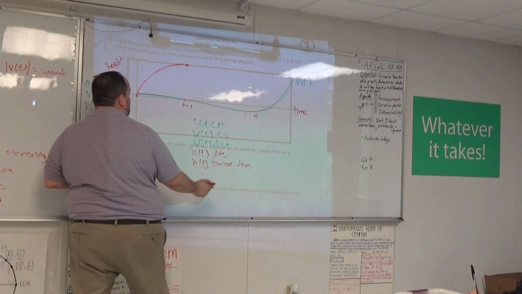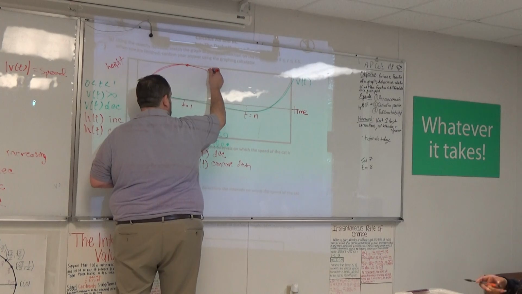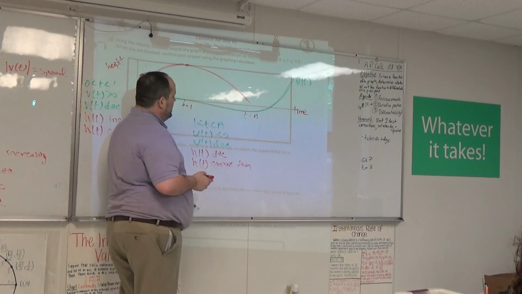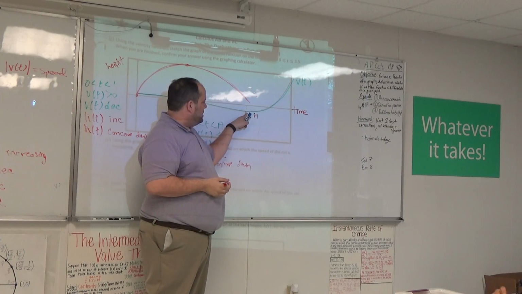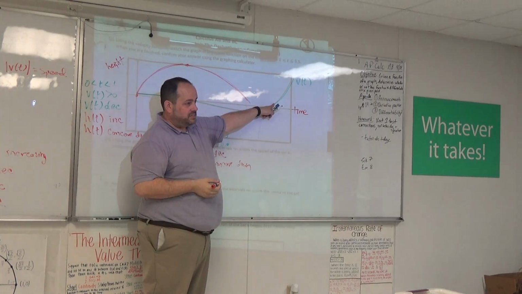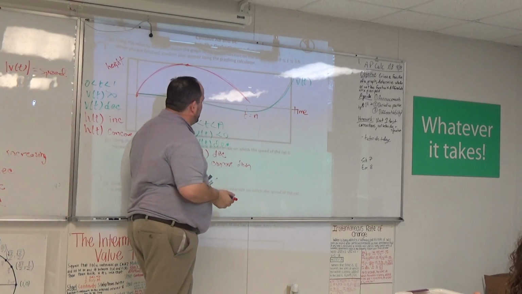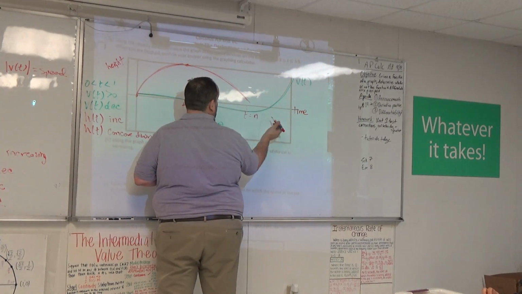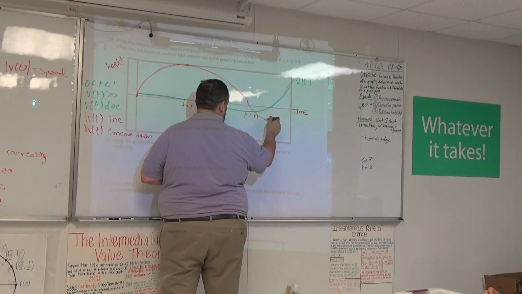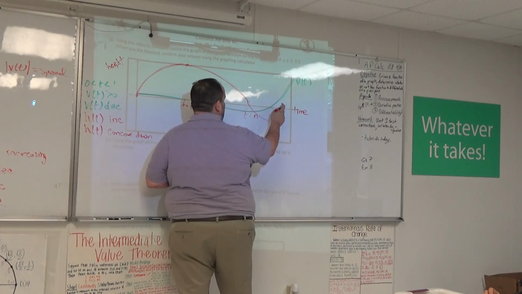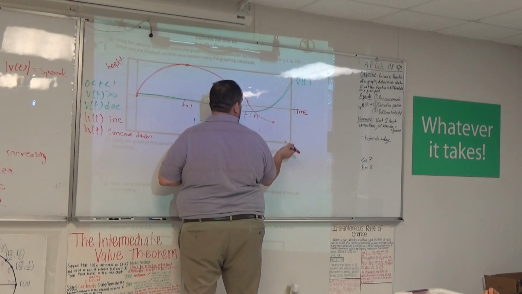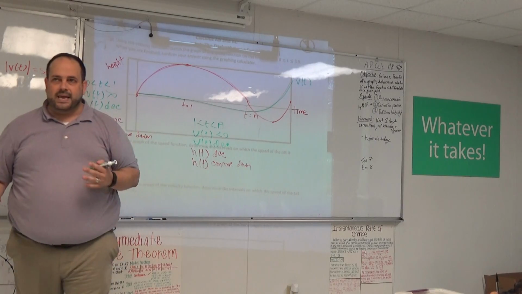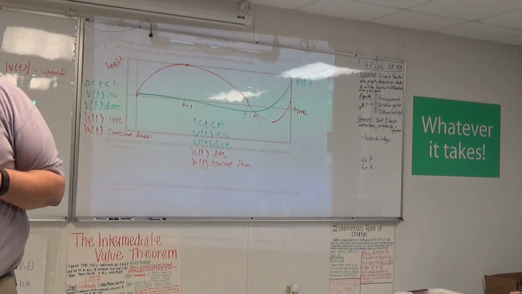So draw decreasing, concave down from 1 until I hit a. On this next interval from a to 3, velocity is negative and increasing, so height should be decreasing but concave up. And on this last interval, velocity is positive and increasing, so height is increasing and concave up. And that would be a quick sketch of height.